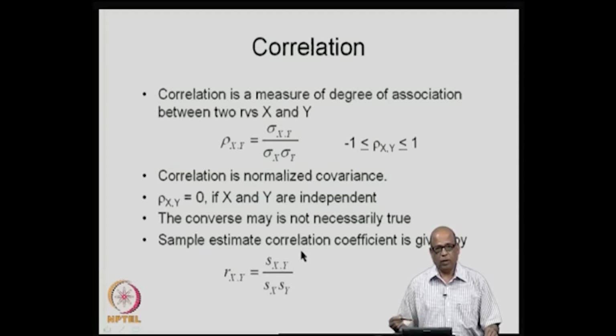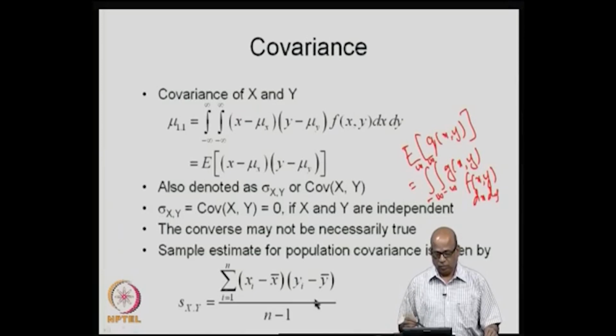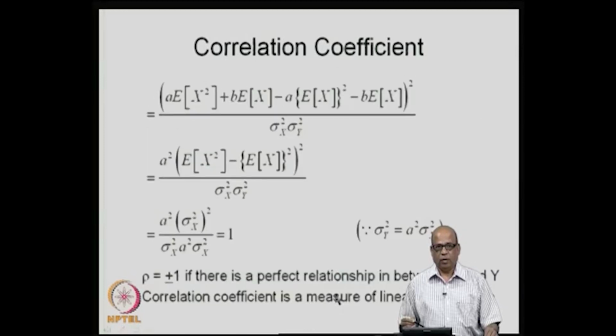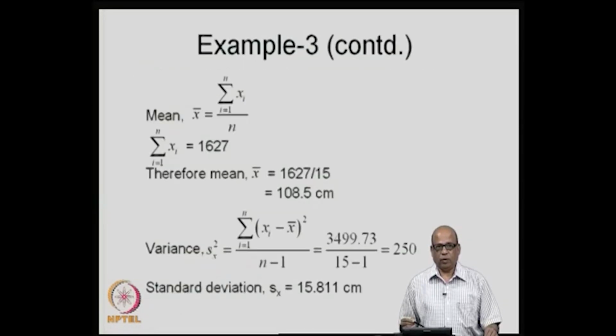S x y is simply summation of x minus x bar into y minus y bar summed over i is equal to 1 to n divided by n minus 1. This is how we estimate the covariance of x and y. So, we use these expressions and then calculate the correlation coefficient.